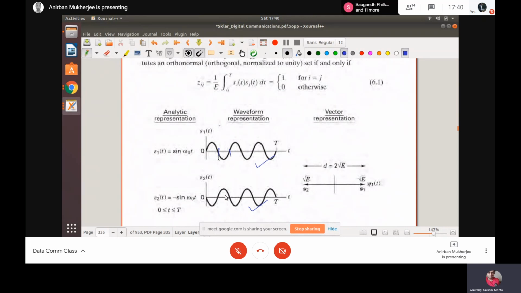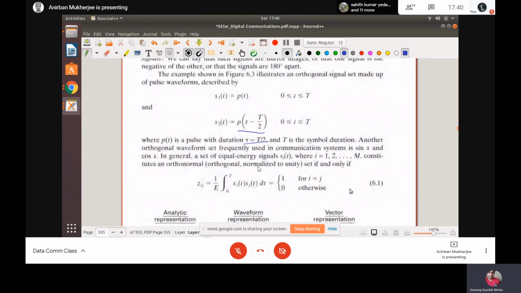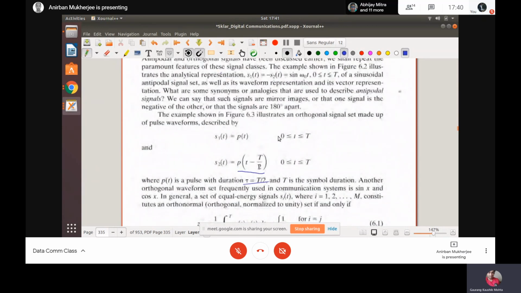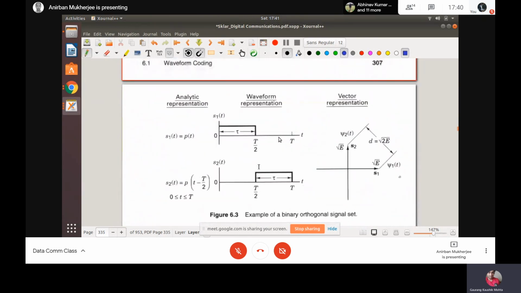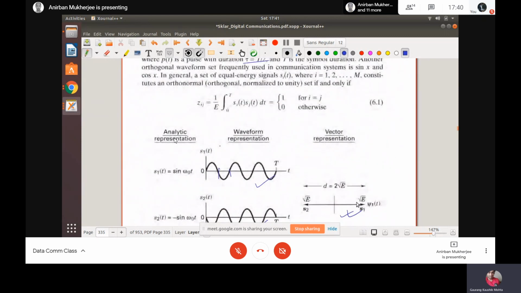And if I take sine omega 0 t and minus sine omega 0 t, this is the vector representation. This is the 180 degree phase shift between S1 and S2. So this is antipodal waveforms.